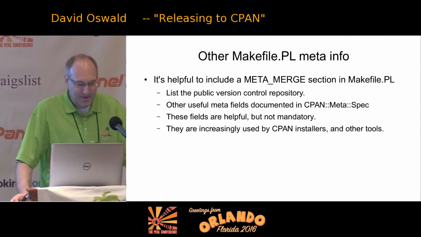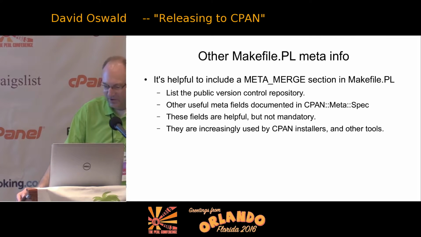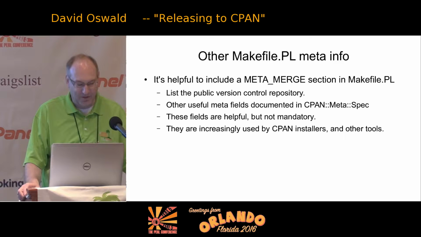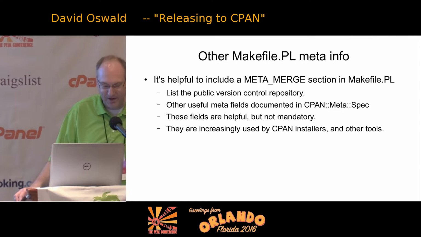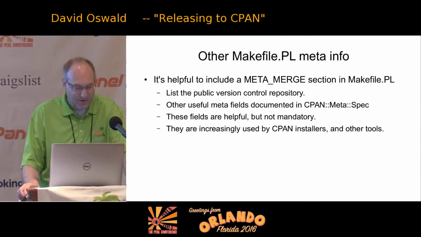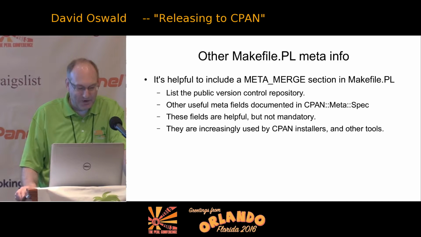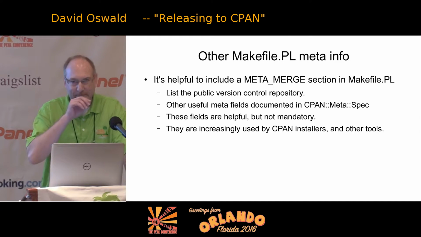So you can put into META_MERGE additional information. You can list the public version control repository. There's a lot of fields that you can put into the META_MERGE, and they're all documented on CPAN in the module called CPAN::Meta::Spec.